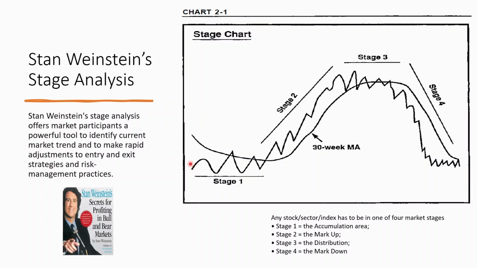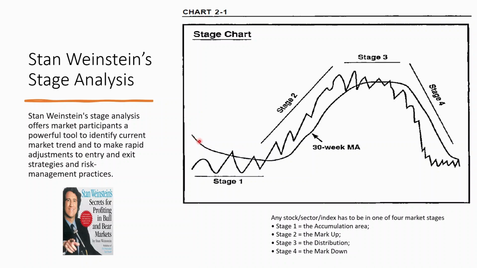Over here you can see that stage 1 is a basing stage or the accumulation stage. Prices are generally in a balance, and this usually is formed after a market decline. Over here you have the 30 weekly moving average, which is basically a moving average of the price over a 30-week period.